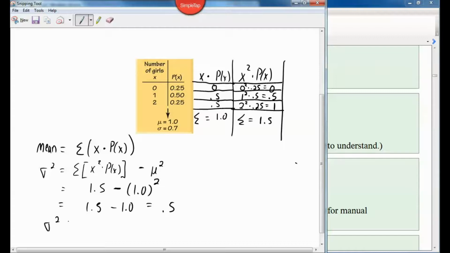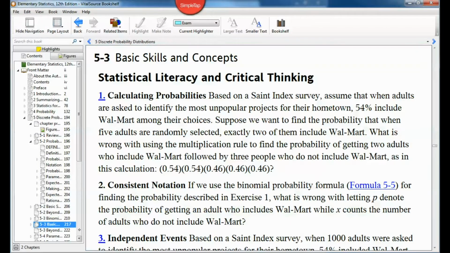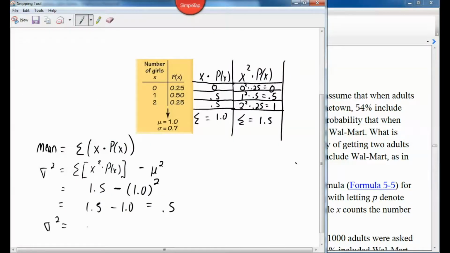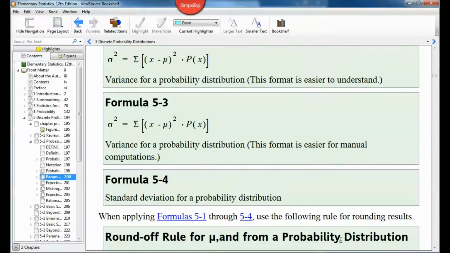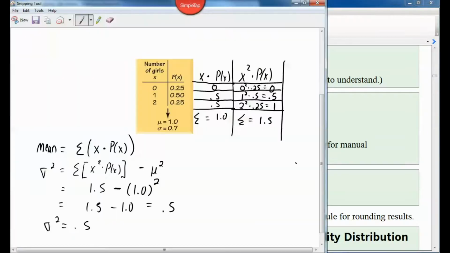So for this, the variance is 0.5. All right. So we got the variance is 0.5 of our probability distribution.